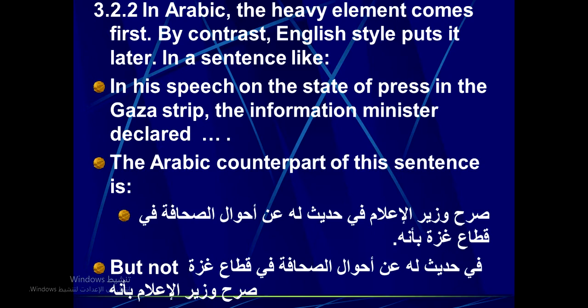So if you notice, Arabic starts with the main verb صرح, then the agent الفاعل وزير الإعلام, not starting with the less important information, which English tends to do. So again, Arabic starts with the most important information, English delays this important information to the end of the sentence.